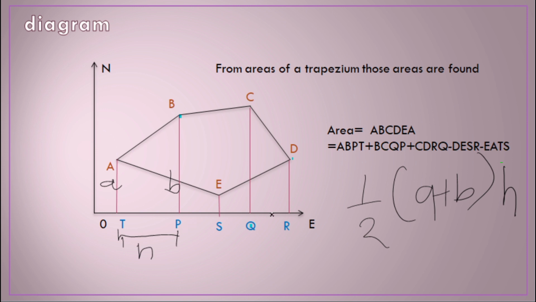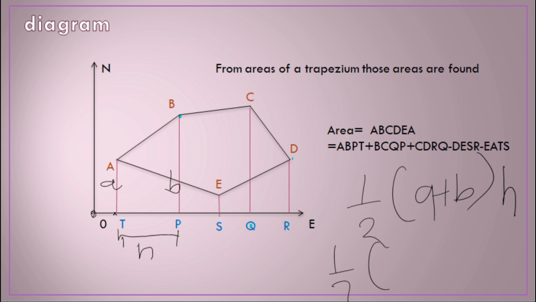By having this formula, this will be a half into, so A is represented by the distance from 0 to A, and that is the northing. The northings all originate from the 0, so they increase upwards.